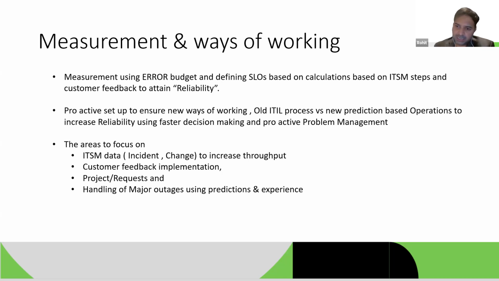Our entire ITIL, 95% of the industry follows ITIL using an incident management approach, where we have static thresholds and people look at 85-90% and then start taking actions. Here we are in a situation where mathematics, and when I say mathematics, I mean data science, is telling us that we are going to go wrong in 8 hours. So, what are our actions? How do we do proactive problem management?